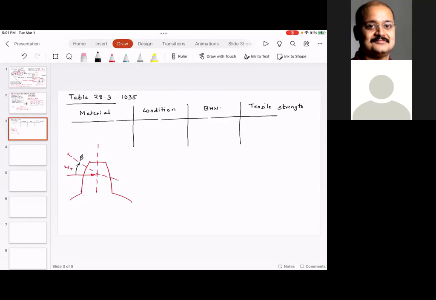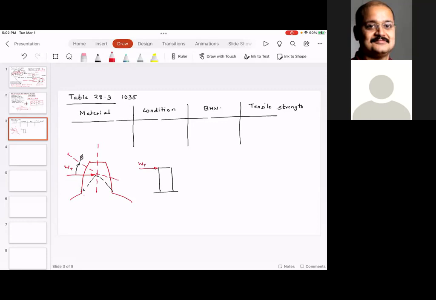So all said and done, can I represent this simple gear, approximated like a beam? So what I'm going to say is, at the first level of approximation, I'm going to assume that what I have is a beam. And on this beam, there is this load WT.